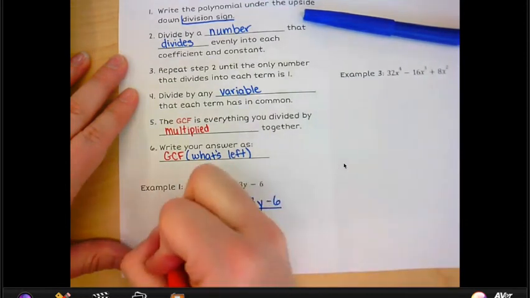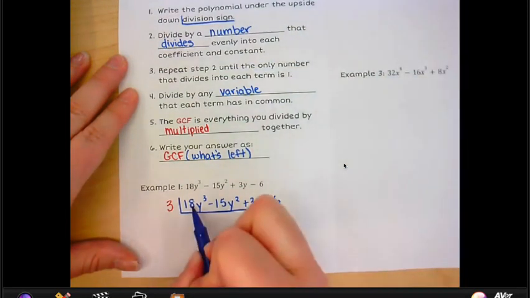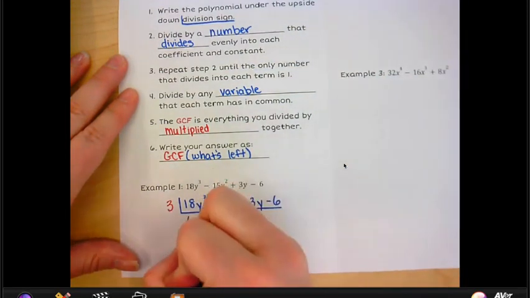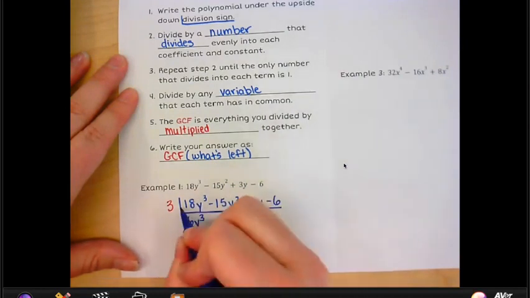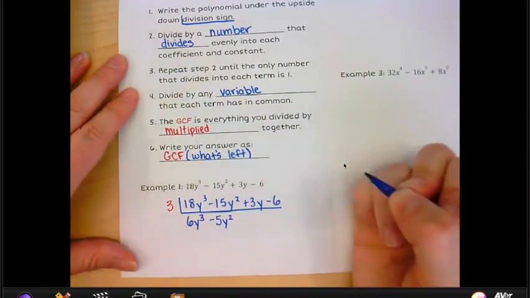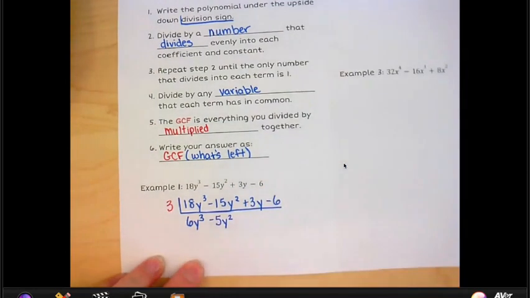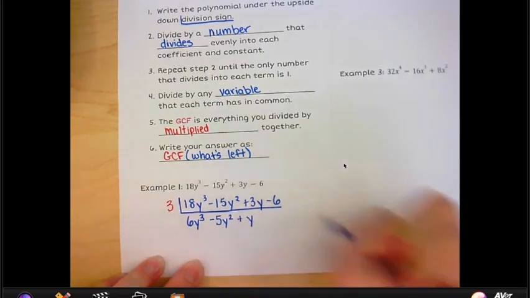Well, I can divide all of those by 3. So if I do that division, 18y cubed divided by 3 would give me 6y cubed. Negative 15y squared divided by 3 would give me negative 5y squared. Notice those variables and exponents staying the same. 3y divided by 3 leaves me with just a y.